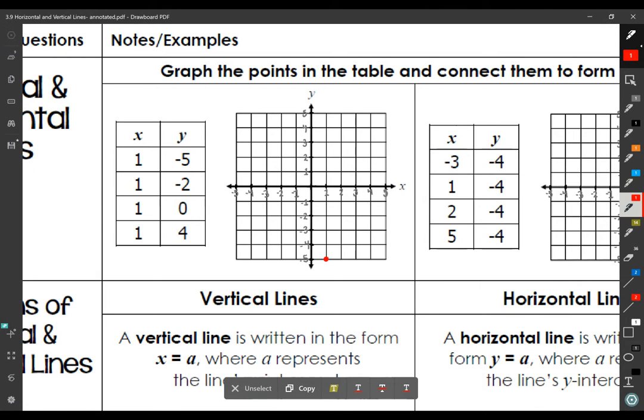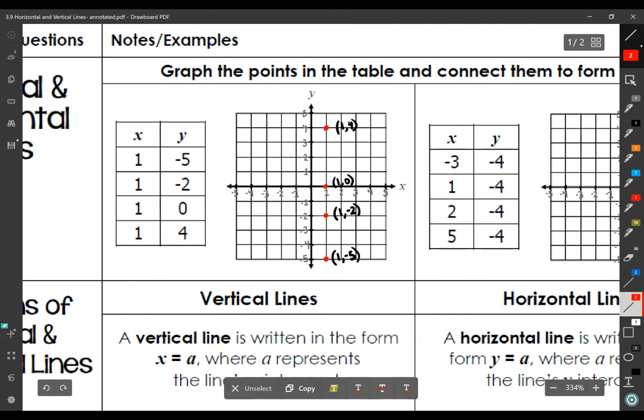My second point is at 1, -2, 1, 0, and 1, 4. So if you look at all of these points, every single one of these points has an x value equal to 1.